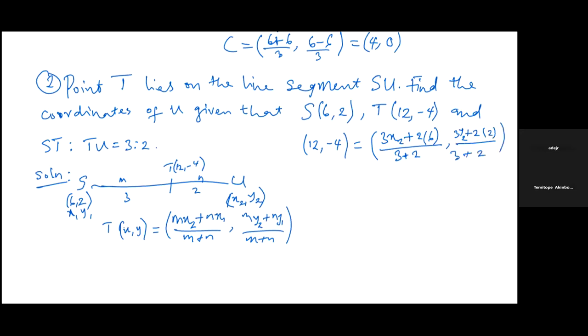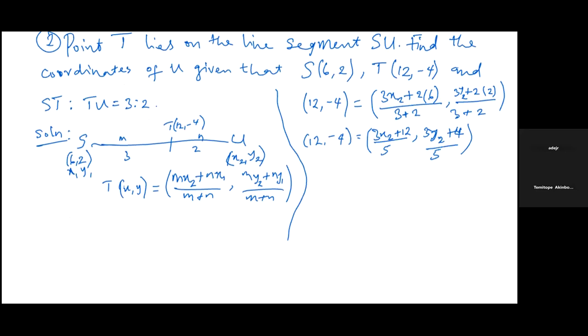I will now tidy up each of the coordinates here. So this will be 12, minus 4 equals (3S2 plus 12 over 5, 3Y2 plus 4 over 5). Now, by equality, I will compare the coordinates of the left-hand side with the right-hand side.